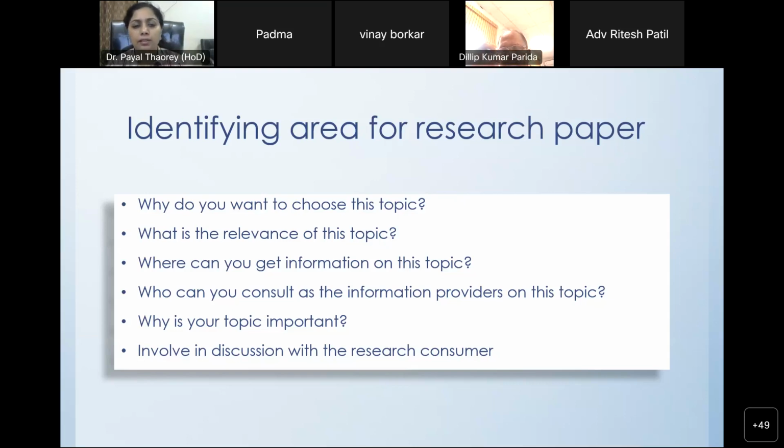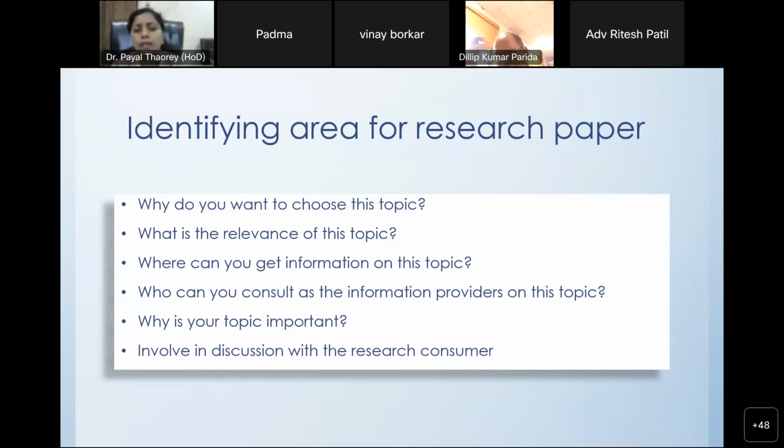So when it is an empirical research, automatically you need to find out the sample size, the area, the people, what modes of data collection you are going to apply, etc. So you need to find out from where you are going to get information on this topic, and that will be very helpful for you in identifying the research area of your research paper.